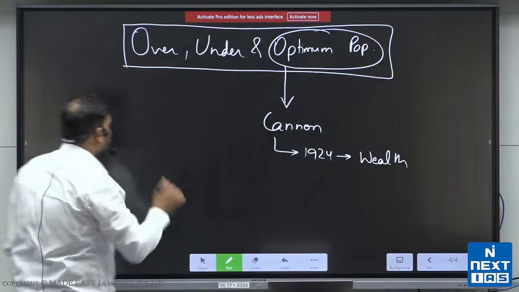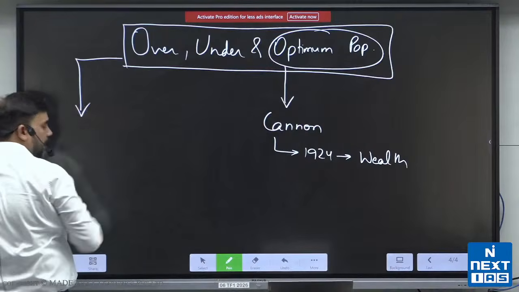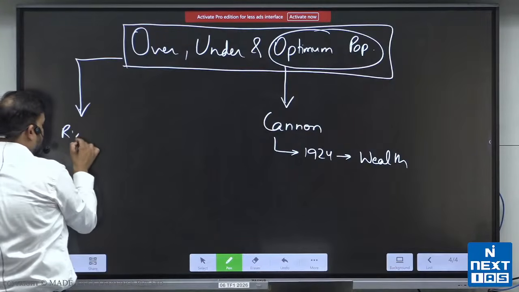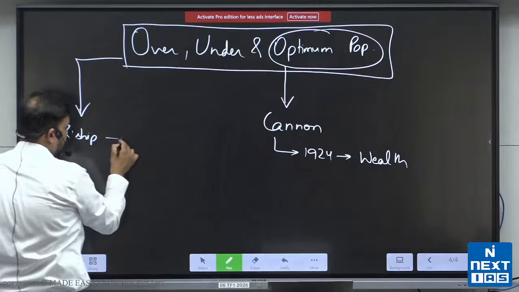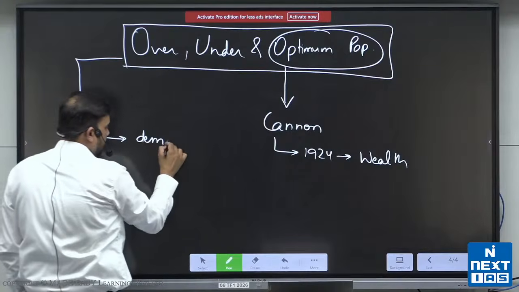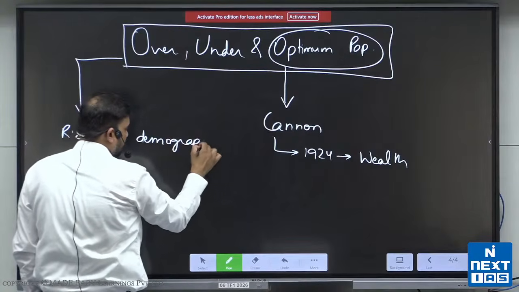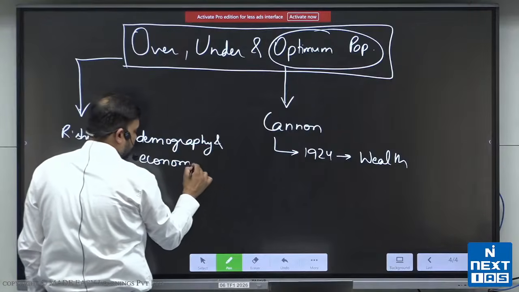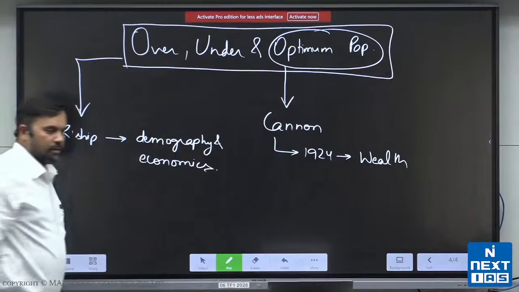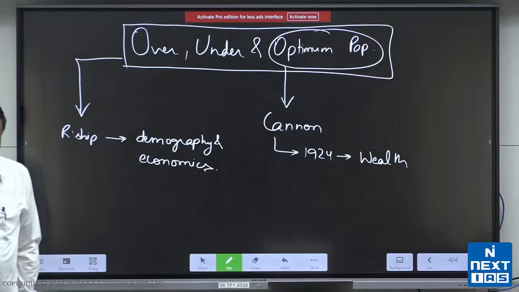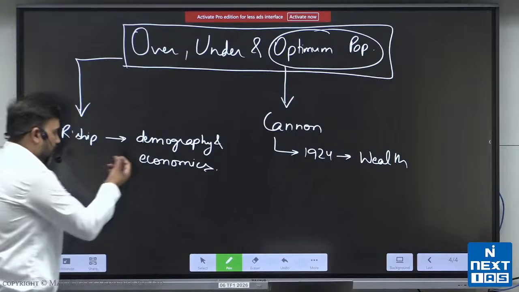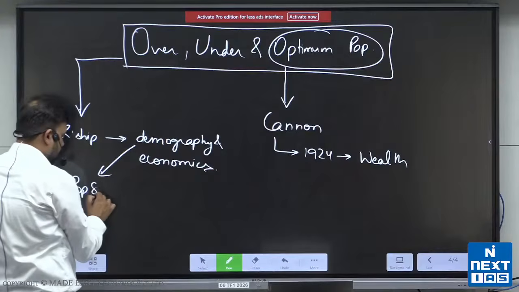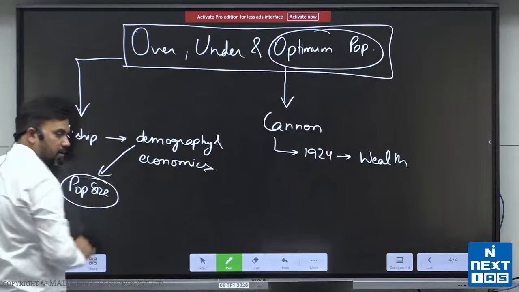A very important thing is that these concepts tell us about the relationship that exists between demography and economics. Demography and economics, okay? If we talk about demography, we are understanding it through population size.